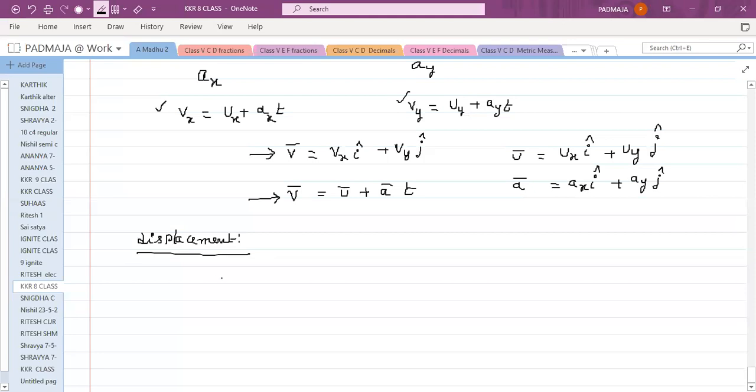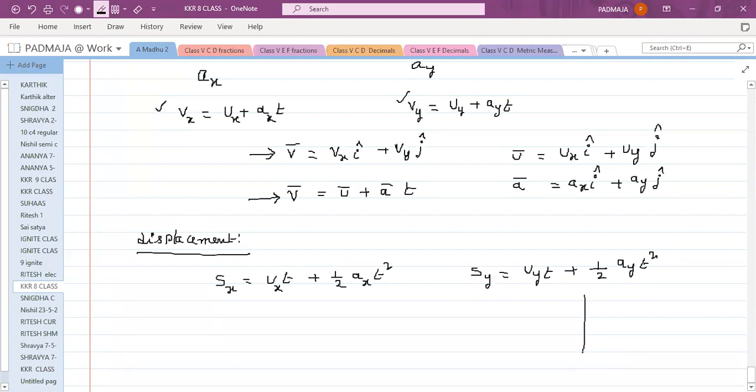So you know that s equal to ut plus half at square. First you find the displacement of the particle along x direction, sx equal to ux into t plus half ax into t square, and find the displacement along the y direction, sy equal to uy into t plus half ay into t square.